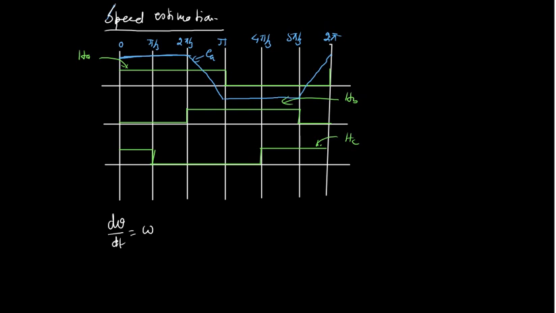Okay, and if you want to know the theta position, then you will have to integrate it. Clear? Now, what we do is take, let's say, one of the Hall sensor inputs. So we are taking Hall A as an input. Okay, then we will be using an edge detection circuit.